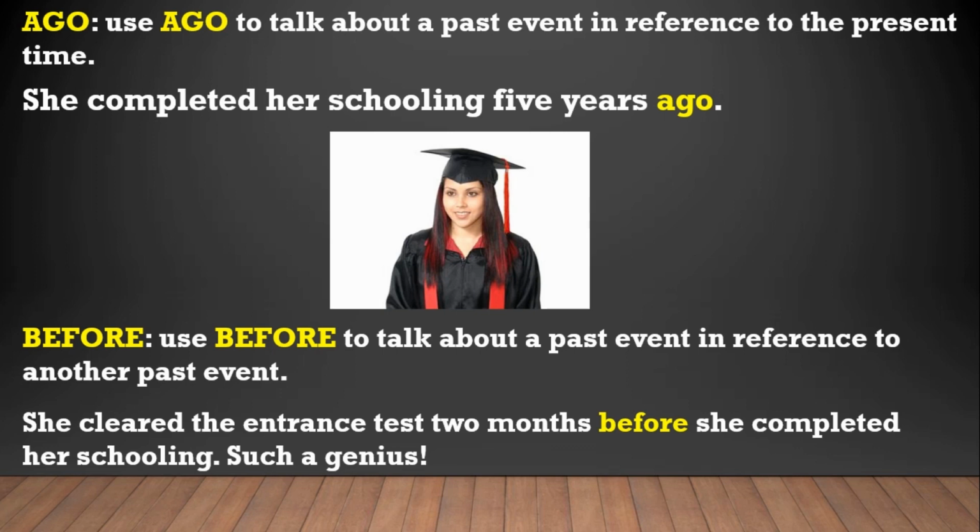Nothing is about present time. Okay, so before to talk about a past event in reference to another past event. This is the major difference between these two words, ago and before. So don't make any kind of mistakes with them. Try to understand.